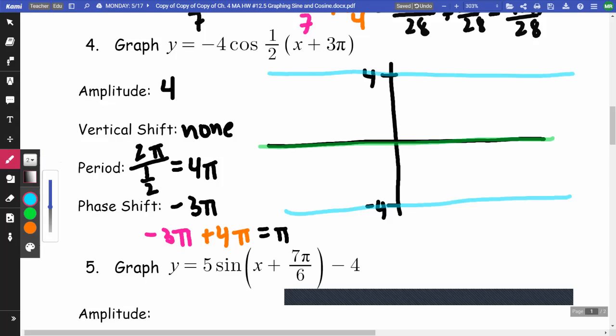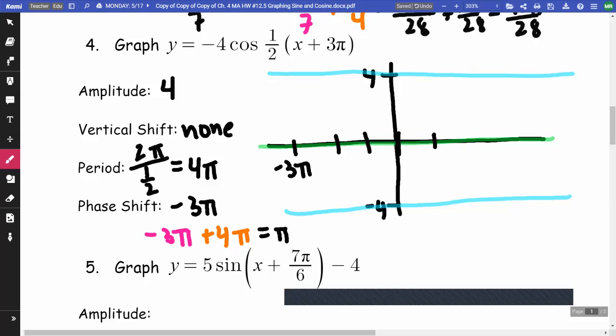I'm going to be starting at -3 pi. Okay, so -3 pi. So that's 1, 2, 3. This y-axis would be 4, and then 5 is going to be pi.